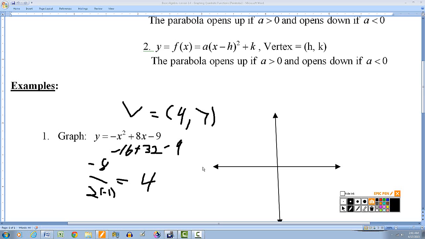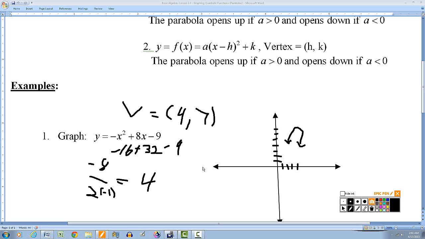As a rough sketch, we go over 4 units on this side and 7 units up. That would be your vertex, and it opens down. From here the graph comes down like this and keeps going down, U-shaped at that point. Okay, vertex at (4, 7).